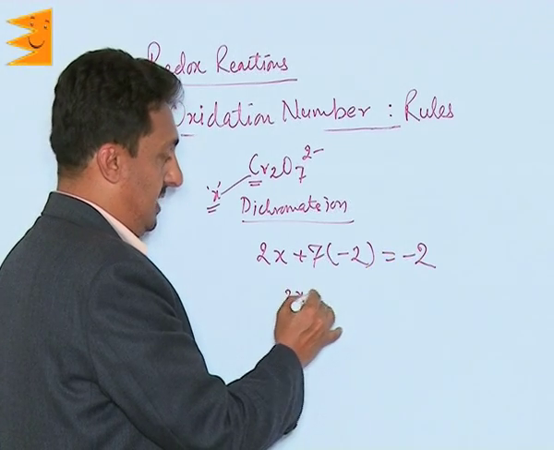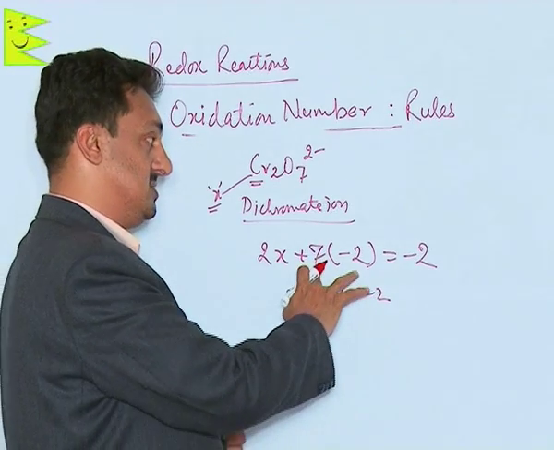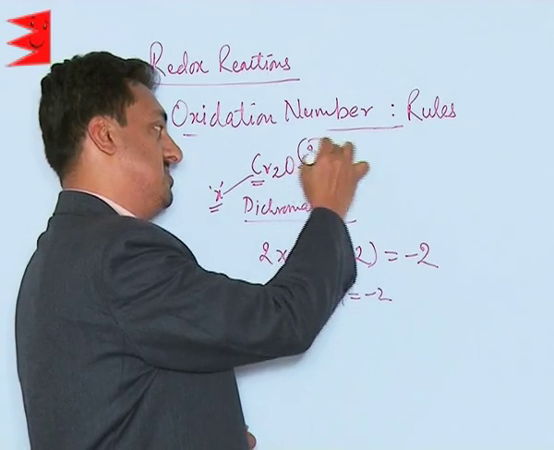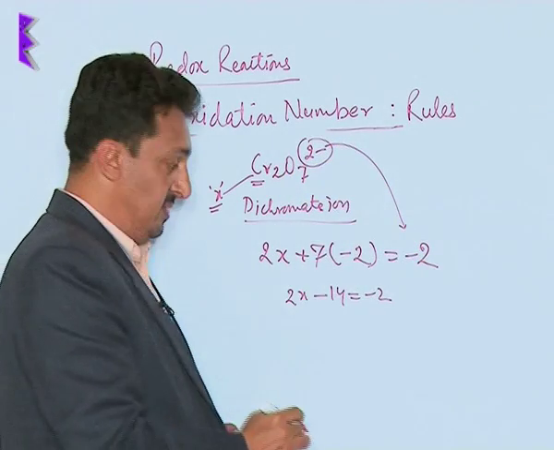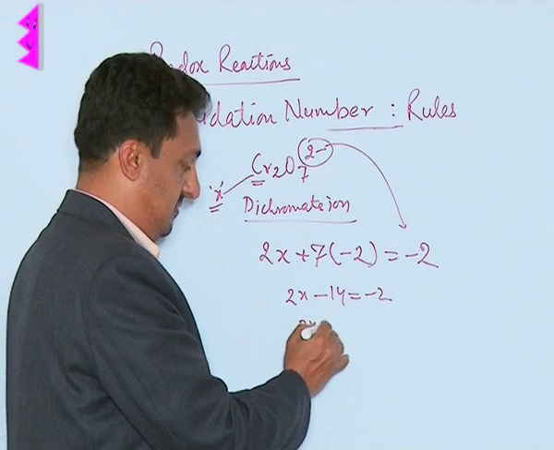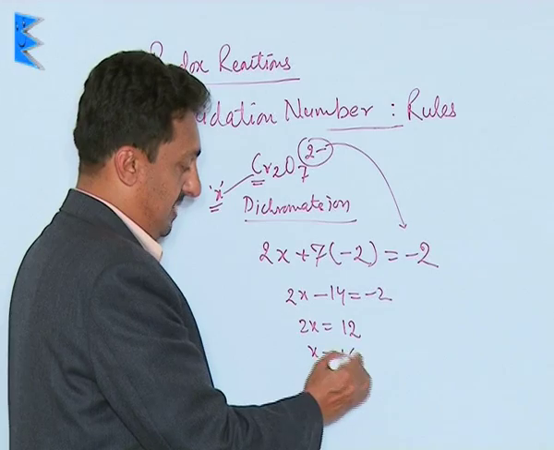So it is 2X minus 14 equal to -2. There are 7 oxygens all in -2, remember, and I have equated with the charge on the molecular species. So 14 minus 2 gives twice X equal to 12, and this comes out to be +6.